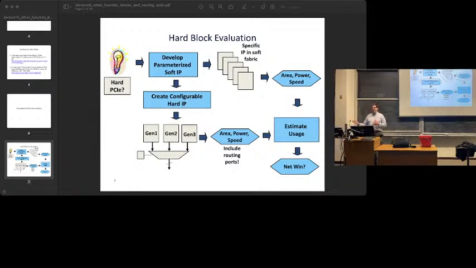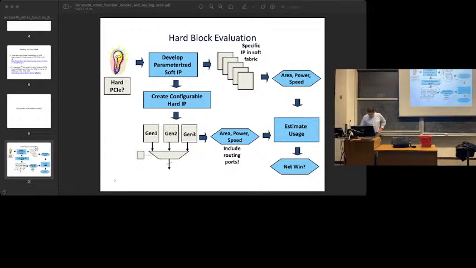It's going to be different because you have to put more in your hard logic to give yourself the appropriate amount of flexibility. Then you measure your area, power, and speed, and you have to include the routing ports. That's another thing people sometimes forget. They just worry about the function, but you have to hook this up to the programmable fabric or it's not going to be very useful in an FPGA.